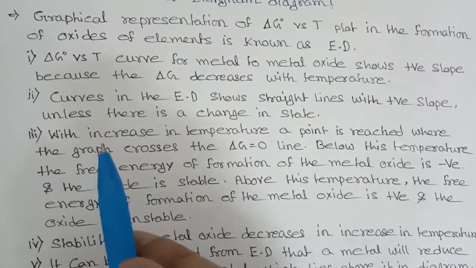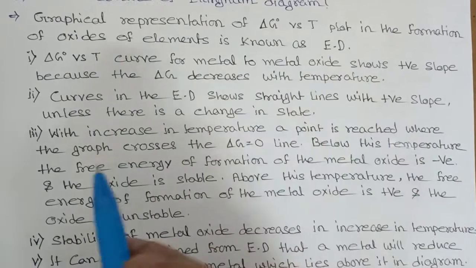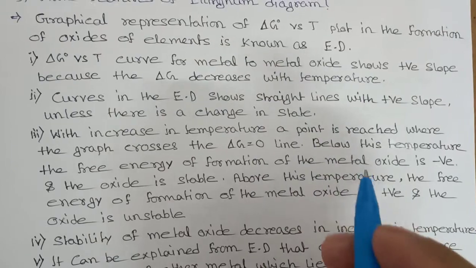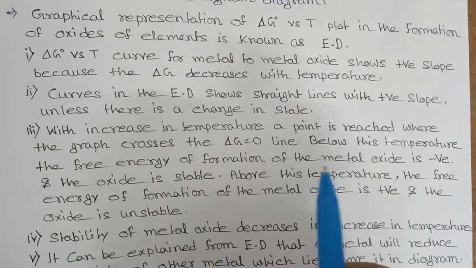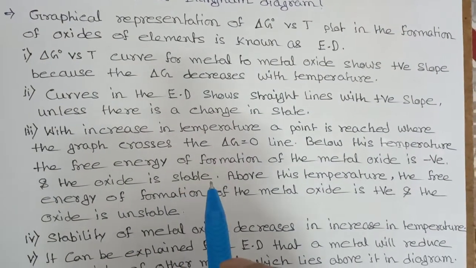The third point is that with increase in temperature, a point is reached where the graph crosses the ΔG equal to 0 line. Below this temperature the free energy of formation of the metal oxide is negative and the oxide is stable.